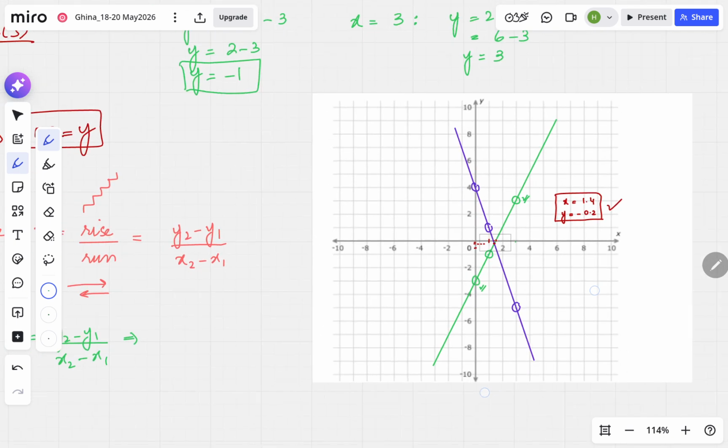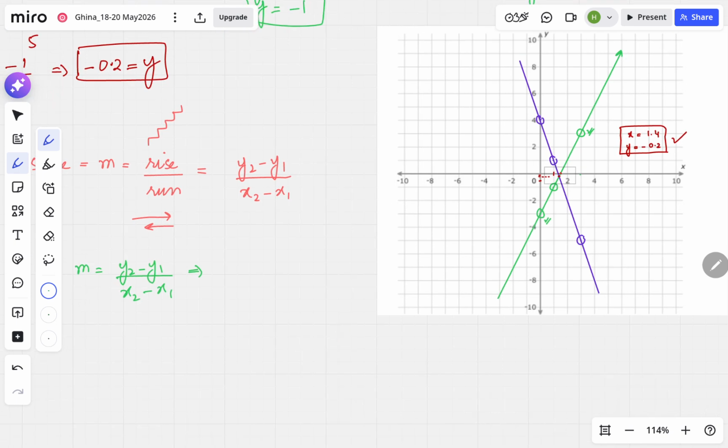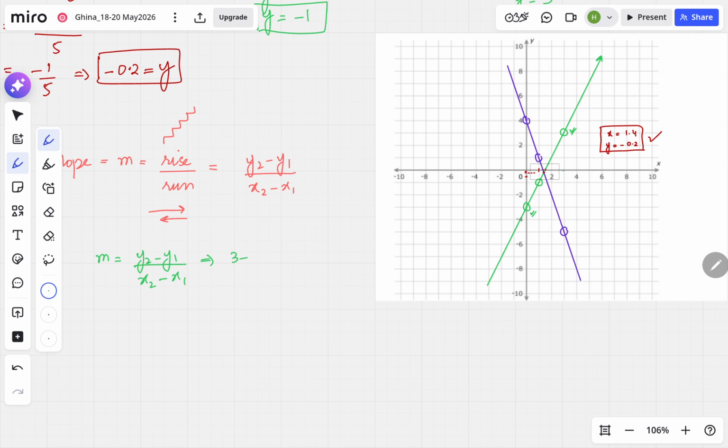If you're going upwards, y2 will be 3, and y1 is minus 3. Okay, 1 second. We cannot actually take 3 minus 3, because it will always give me the 0 value.